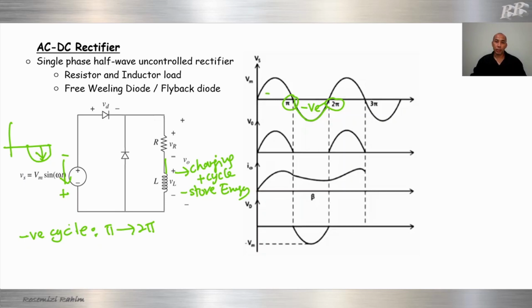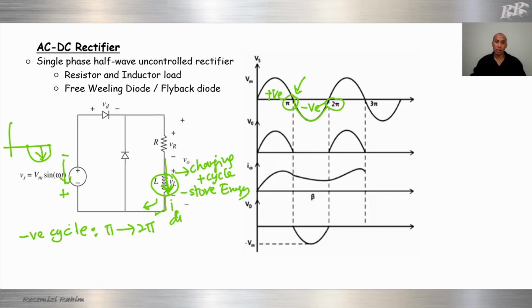Then during the negative cycle, that means there's no current, no supply. So what happens is this inductor will become a current source, and it will discharge the current.